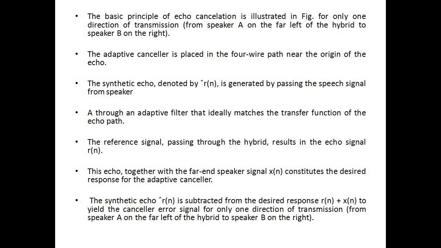The adaptive filter tries to match the transfer function of the echo path. If that matches the transfer function of the echo, then the reference signal will pass through the hybrid unit, the communication will be fruitful, and an echo-free signal will be present at the output end.